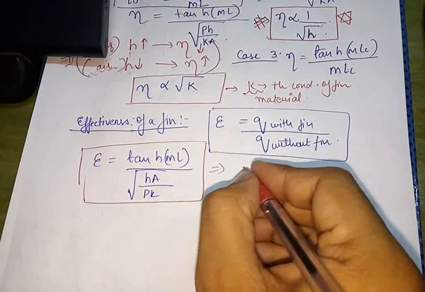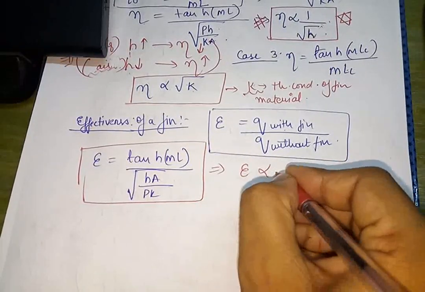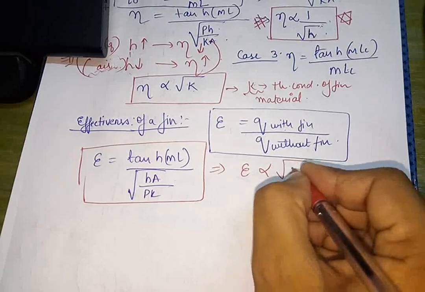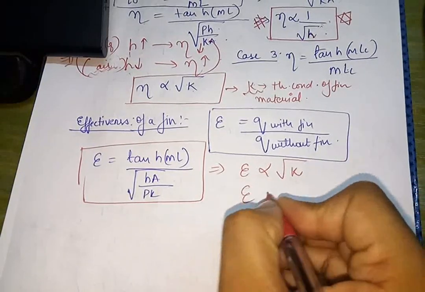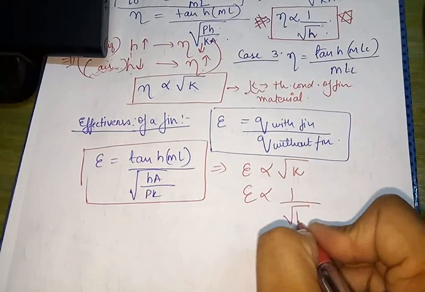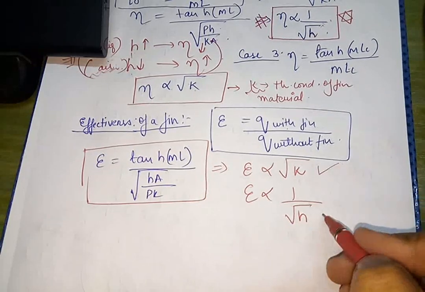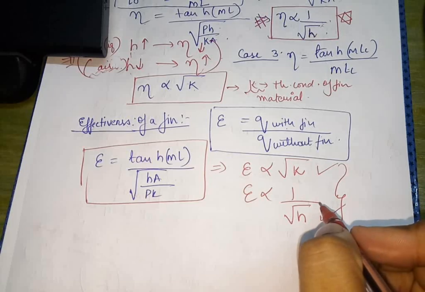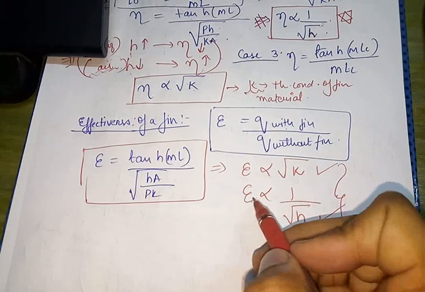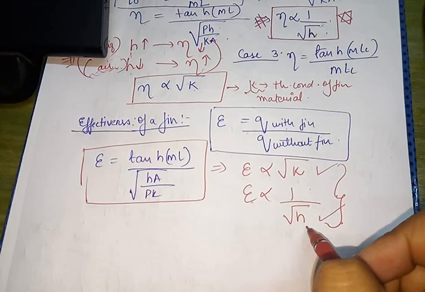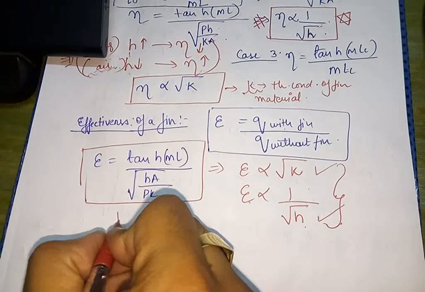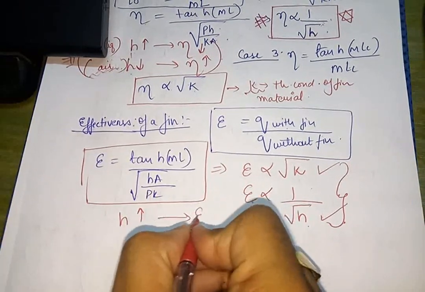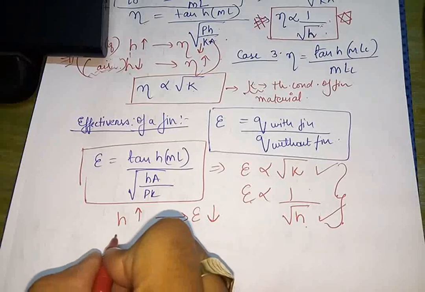Now from this formula we will observe that epsilon is directly proportional to under root k and inversely proportional to under root h. These two factors need to be remembered because a direct question can simply be asked. Effectiveness is inversely proportional to the heat transfer coefficient, that is, if the value of h is more, effectiveness is going to be less.